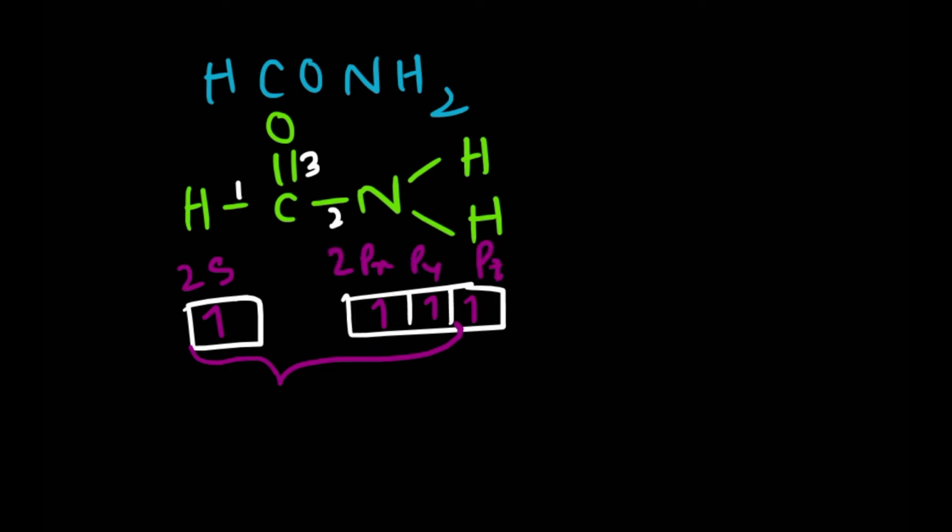Here px, py and s, these 3 atomic orbitals will hybridize to form sp2 hybridized orbitals. These 3 hands will form 3 sigma bonds: 1, 2 and 3. The remaining pz atomic orbital will form a pi bond by overlapping with another p atomic orbital of the oxygen atom.